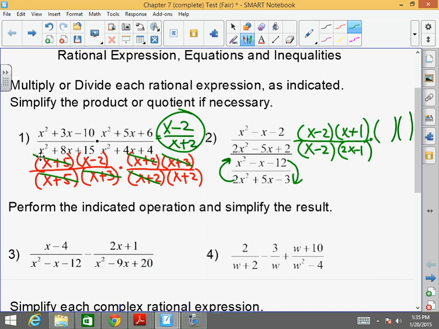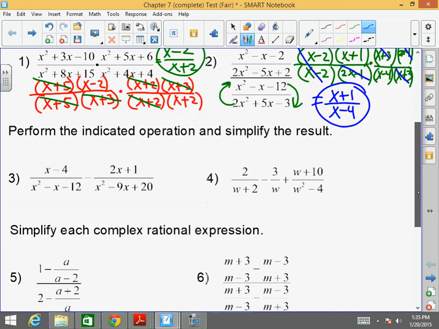And I'm going to have x plus 3 times 2x minus 1 over x minus 4 times x plus 3. So in this case, the x plus 3s cancel, the x minus 2s cancel, the 2x minus 1s cancel, and I'm left with x plus 1 over x minus 4.